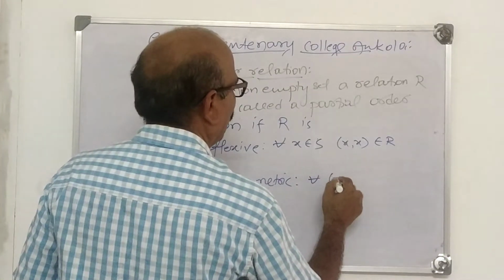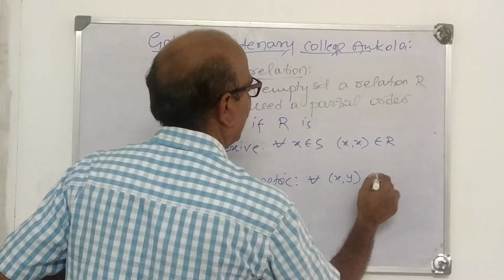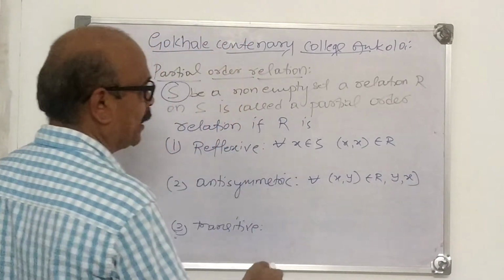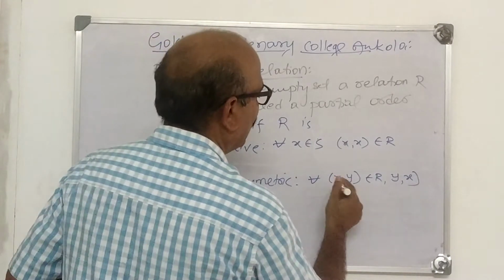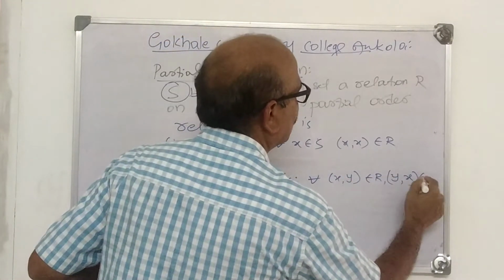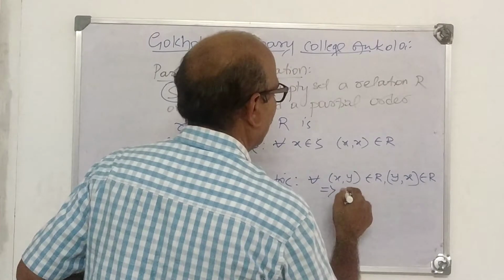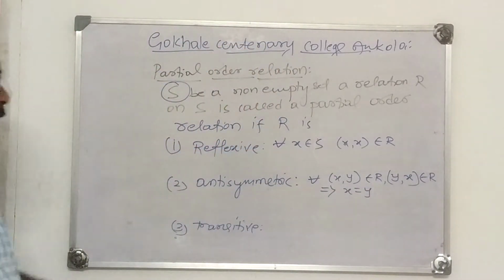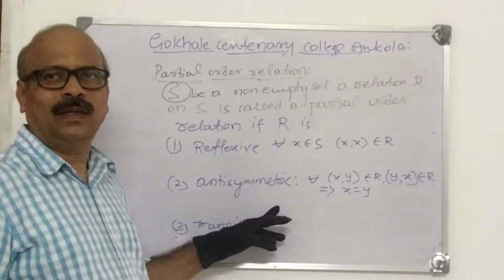Second, antisymmetric: for all (x, y) belongs to R, (y, x) belongs to R implies x is equal to y. What is symmetric relation?